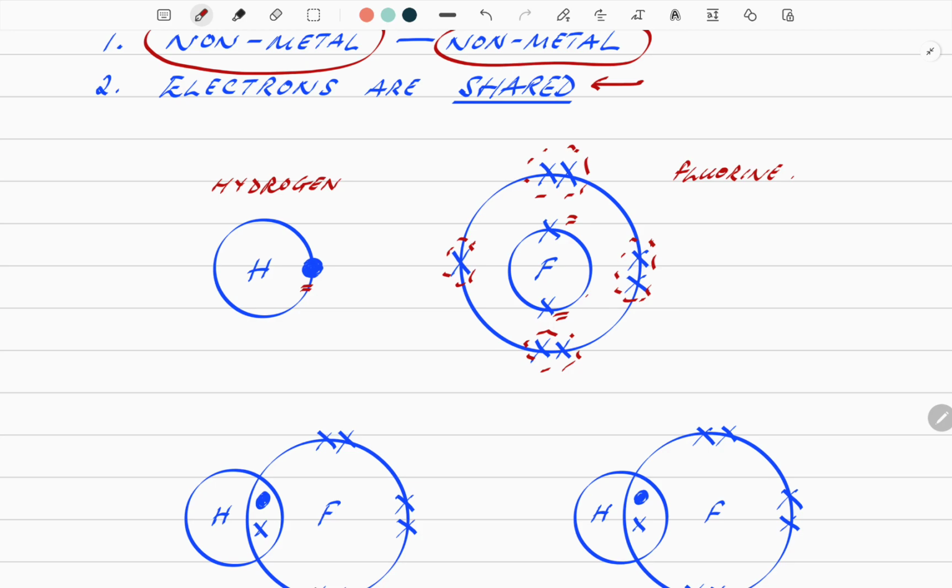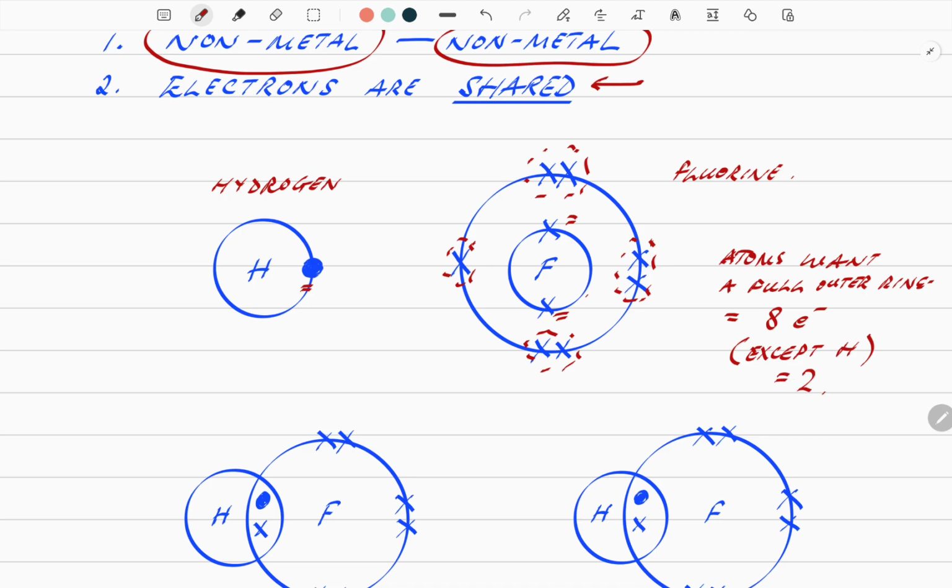Remember that atoms want a full outer ring. In most cases, that means 8 electrons, except hydrogen, which wants 2.